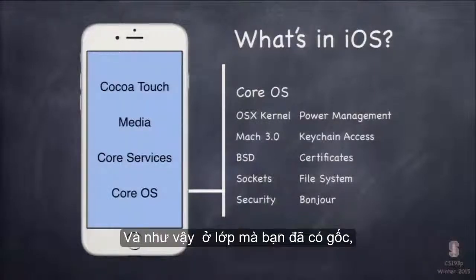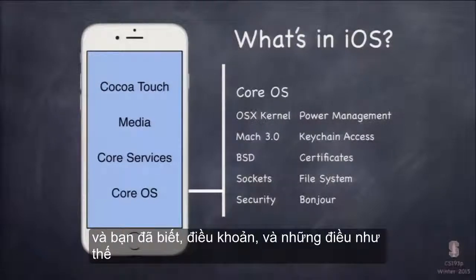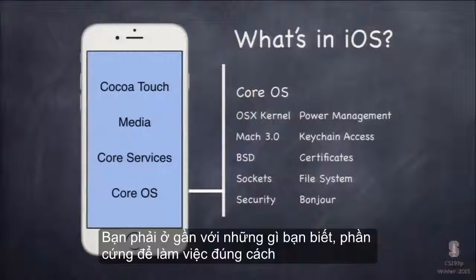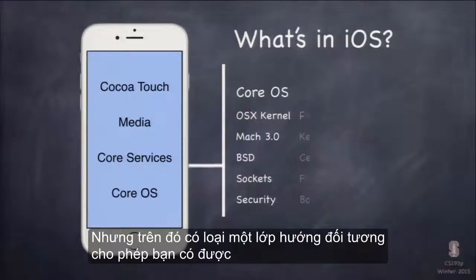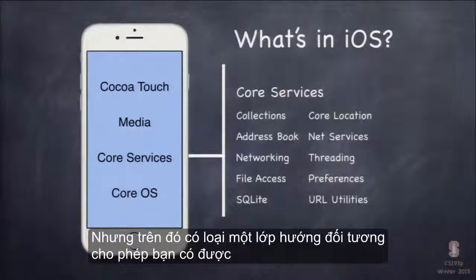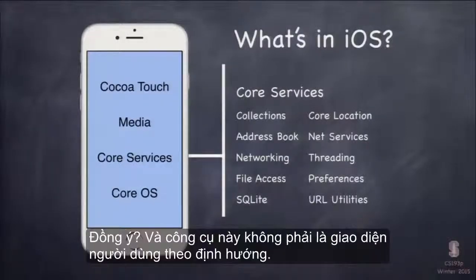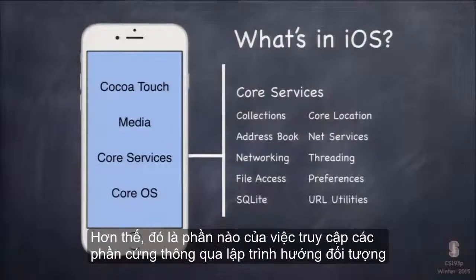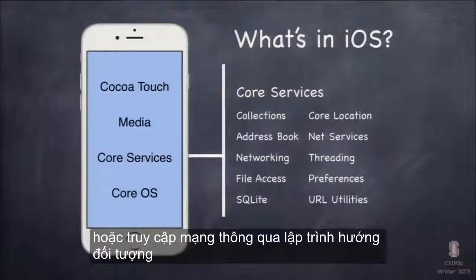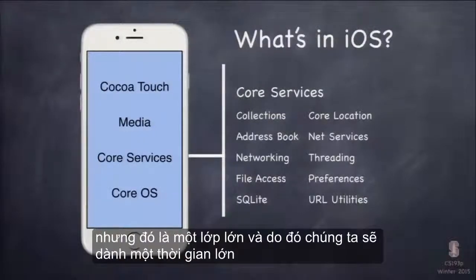And so down at that layer, you've got sockets and you've got permissions and things like that that have to be near the hardware to work properly. But above that, there's an object-oriented layer that lets you get at a lot of that stuff using object-oriented programming. And this stuff is not UI oriented. It's more about accessing the hardware through object-oriented programming or accessing networking through object-oriented programming. But it's a big layer there.